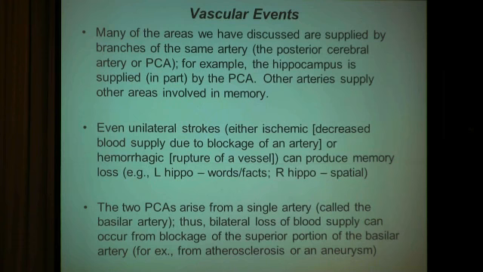Vascular events. This is a really important one. A lot of us don't get our head hit a lot, but how we treat our vessels in our body and our brain is very important. Let's stand back and think about this. The heart pumps blood to the brain and to the other organs of the body. If those vessels are not healthy, it's like a pipe that's full of crud.